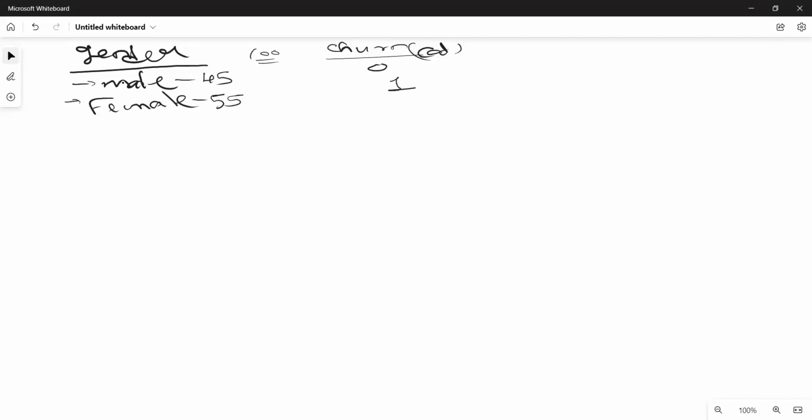So whenever I have these texts in a categorical column, I cannot use the values as they are. These texts have to be converted into numbers. And this process of converting text to numbers is called creating dummy variables.